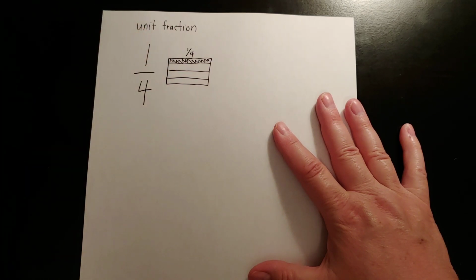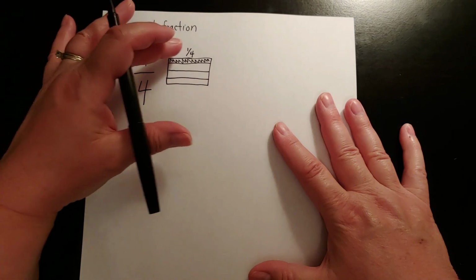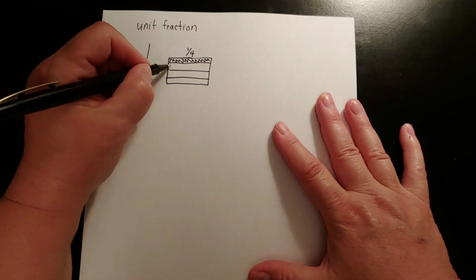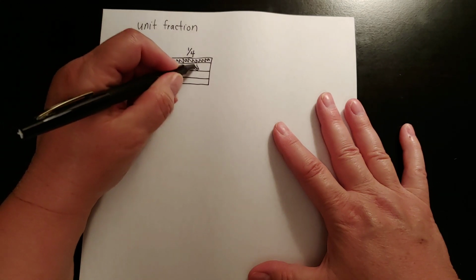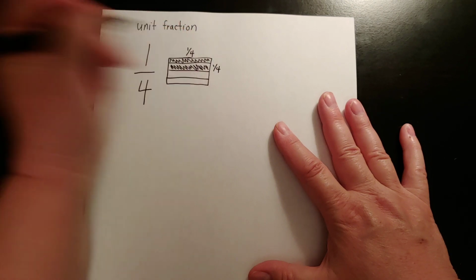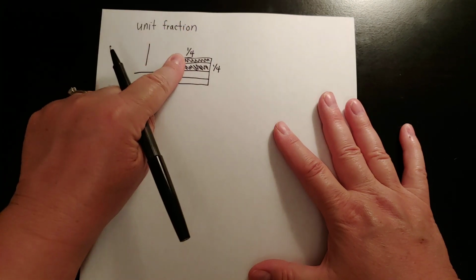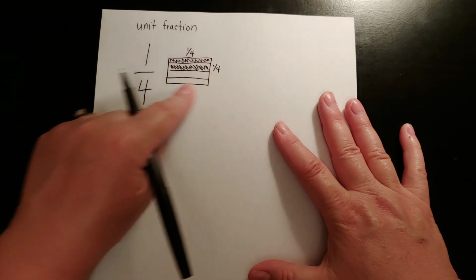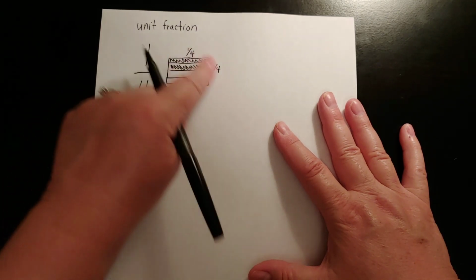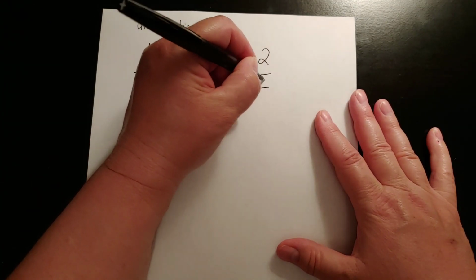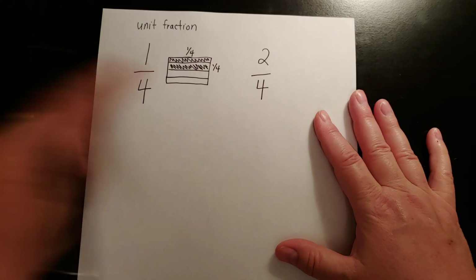But let's say that we build upon this and we use 1/4, the unit fraction, and we copy it and do another 1/4. So now let's count this. We have 1/4, 2/4 shaded of this whole rectangle. So now our fraction is 2 out of 4, or 2/4.